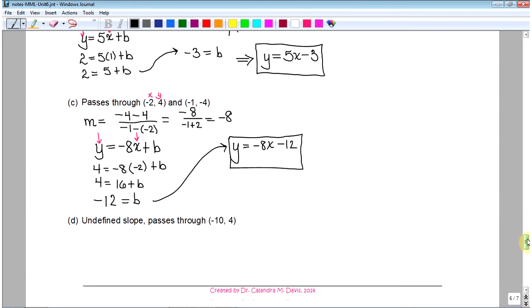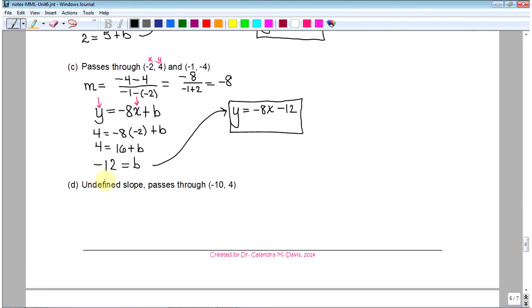Going on to example D, we're looking for an equation with undefined slope that passes through the point negative 10, 4. So this is where we need to remember our special case. Undefined slope means that we're dealing with a vertical line.